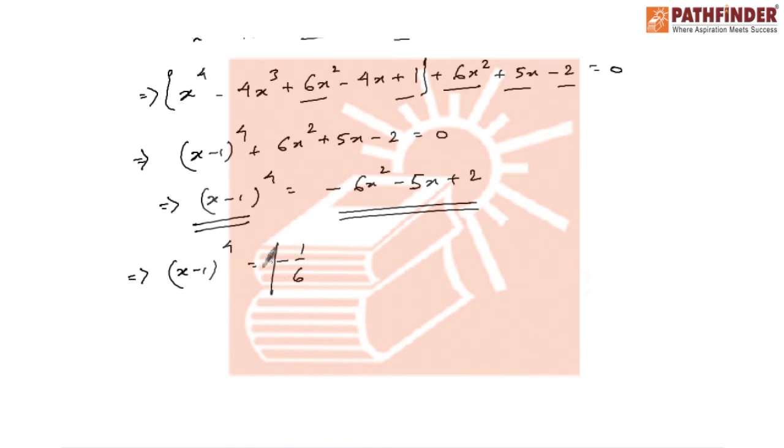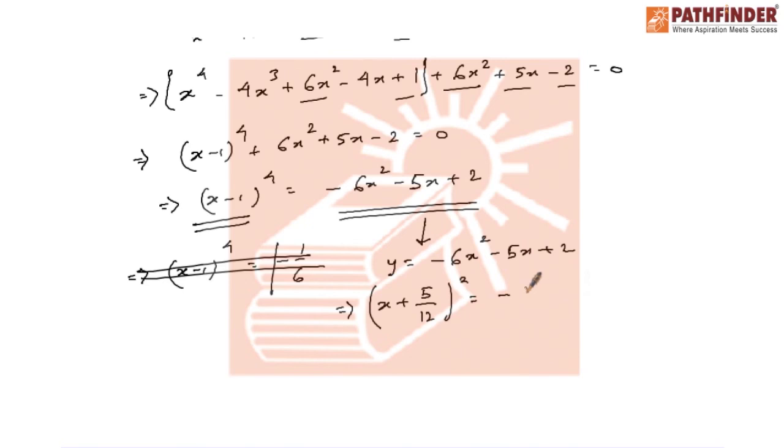So we consider this to be the parabola y=−6x²−5x+2, and we rewrite it by completing the square, which gives us (x+5/12)²=−(1/6)(y−73/24).